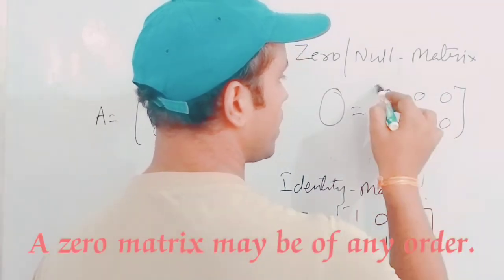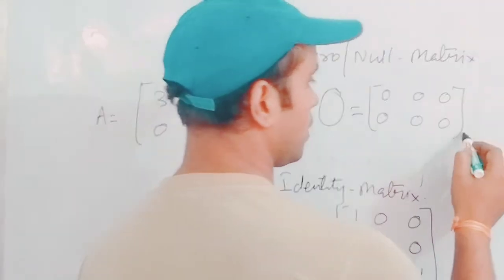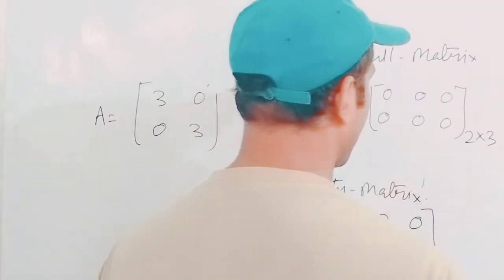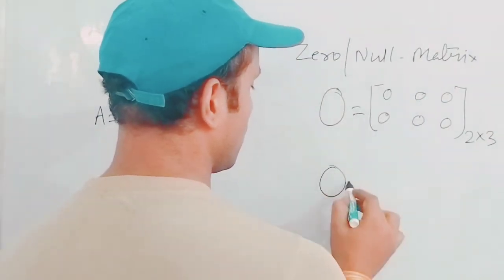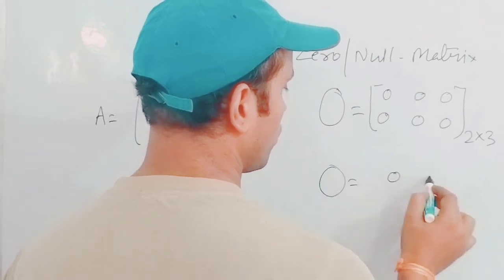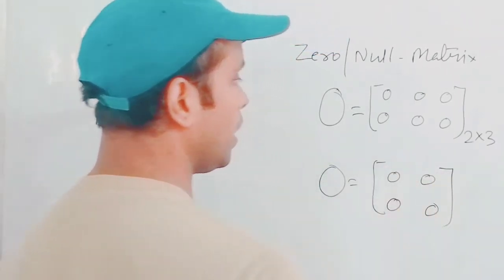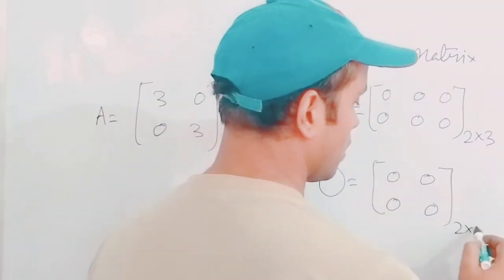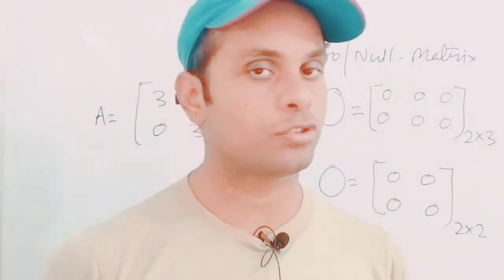Look, a zero matrix can be of any order, like this is of order 2 by 3, and we can take a zero matrix of order 2 by 2 also. So a zero matrix may be of different order, may be a square matrix and may not be also.